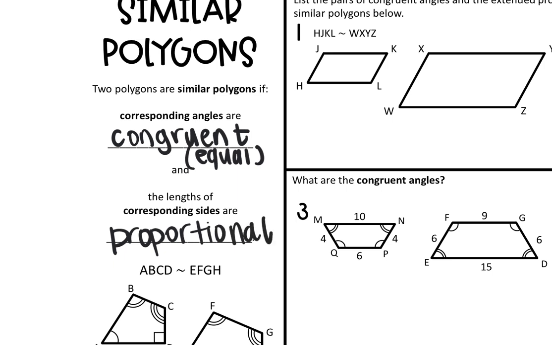All right, so we call polygons or shapes similar if, one, their angles are congruent, so the corresponding angles have to be congruent, and the corresponding sides need to be proportional. Now you're going to see that in the next figures, in the next polygons, we're going to call them similar because these two things are true.